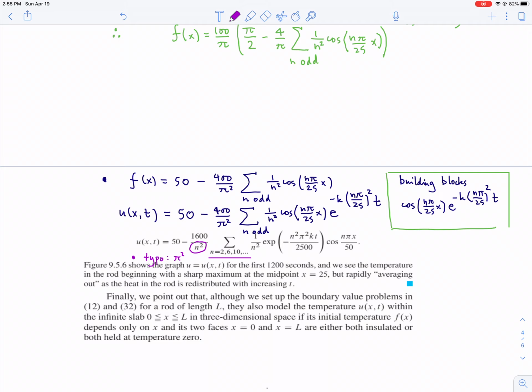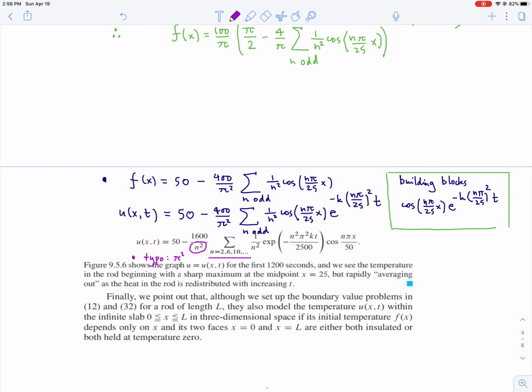Their n squareds are 4 times as much. Let's see if I made a note about that. I am not sure. So that's right.